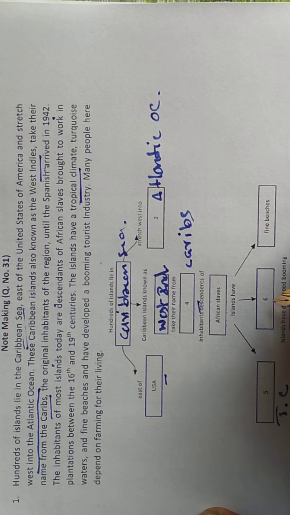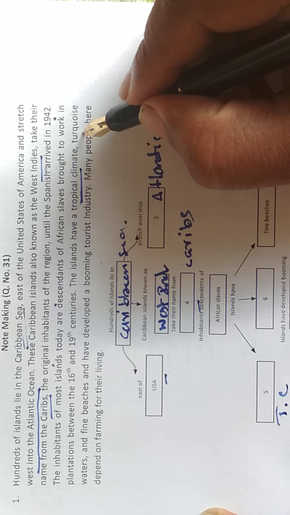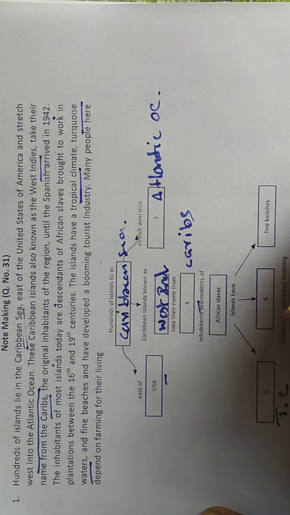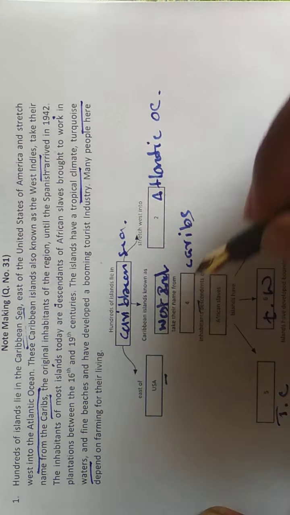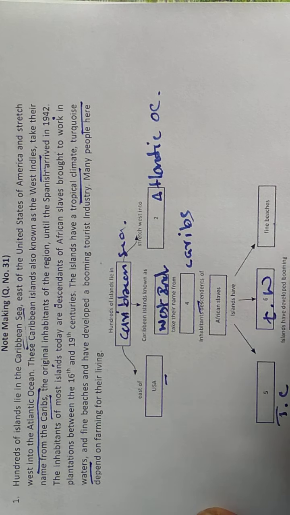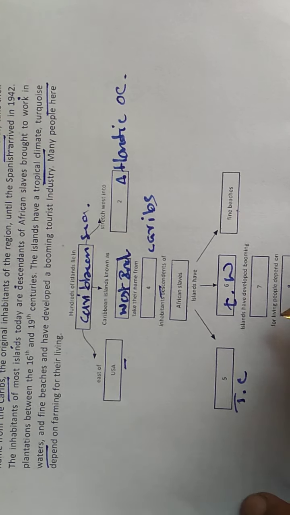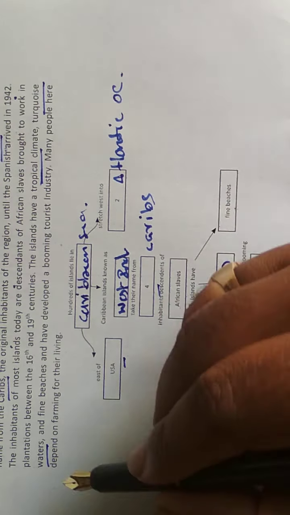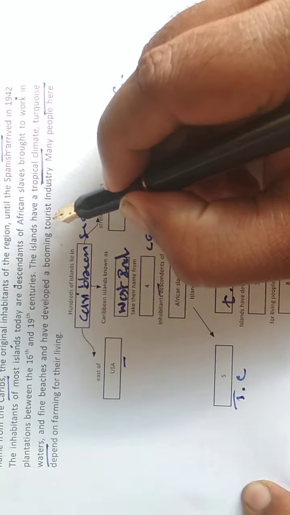Then number 6, turquoise water, and fine beaches. They have given fine beaches there. Next one, islands have developed booming. What is booming here?